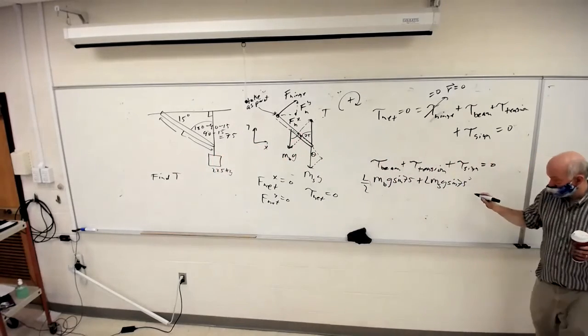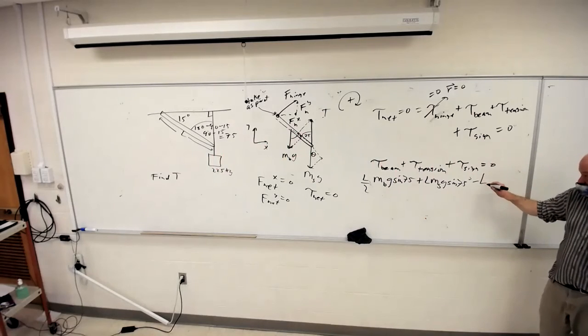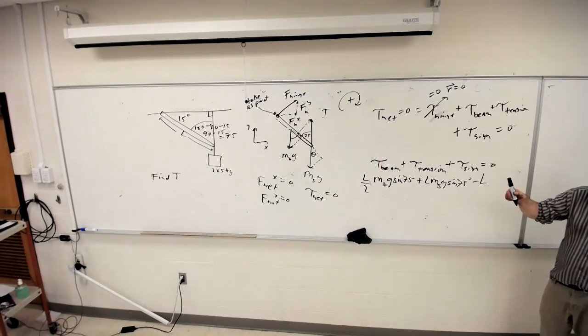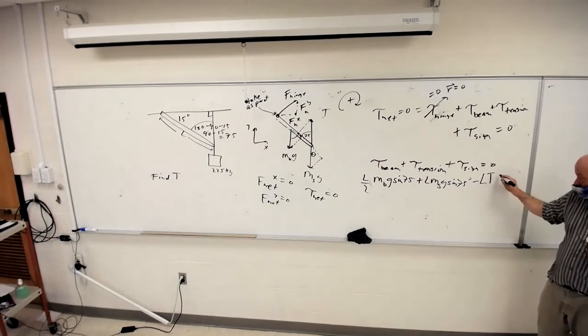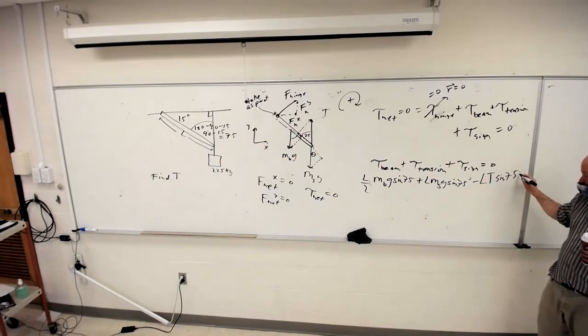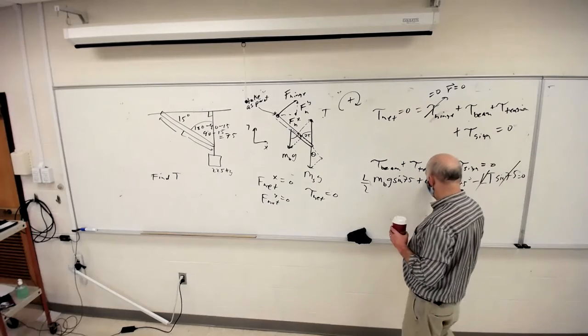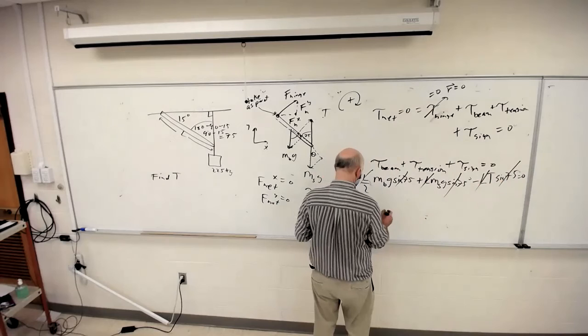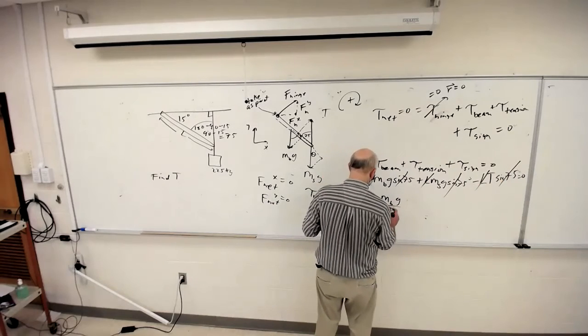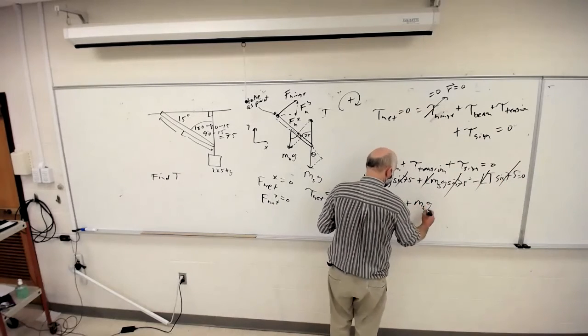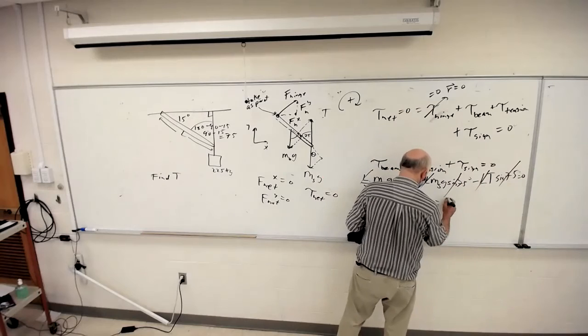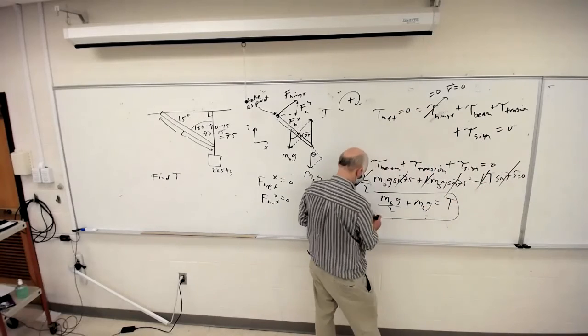Minus L, T, sine of 75, plus L over 2, MG, sine of 75, equals 0. Okay, what cancels? The L's and all the sines. We get MG over 2 plus MG, get T to the other side, and we get the tension. That's what we got.